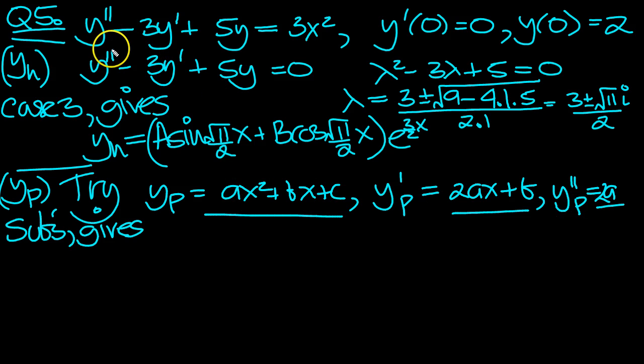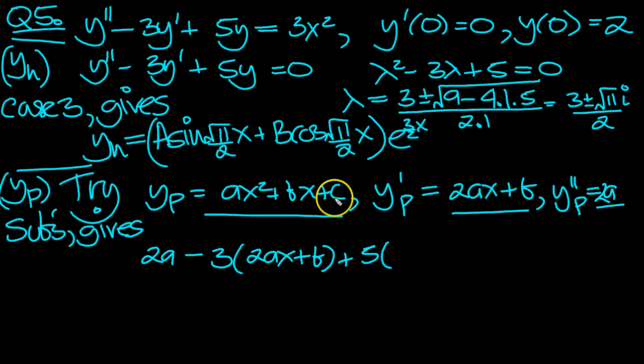So y double dashed is 2a, minus 3y dashed, and y dashed is 2ax plus b, plus 5y. Here's y, put it in: ax squared plus bx plus c equals 3x squared.